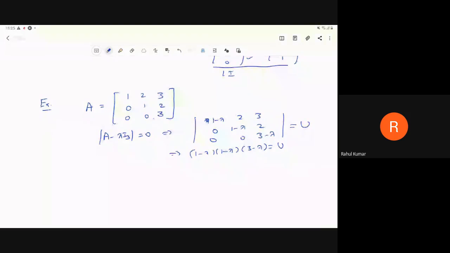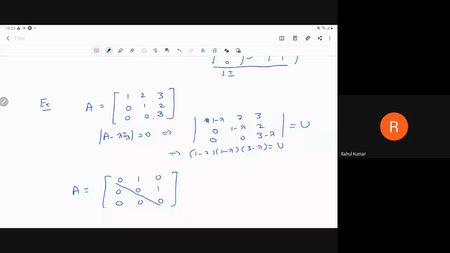What is your answer? 1, 1, 1. Very good. And what are the eigenvalues of this matrix: (0, 1, 0), (0, 0, 1), (0, 0, 0)? All 0, because the diagonal entries are 0. Okay, and it is an upper triangular matrix.